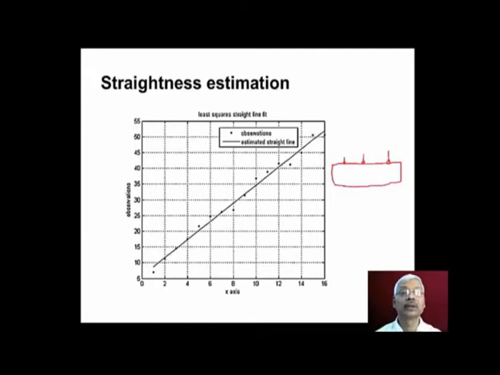You can see here these points are data points obtained by the CMM, and using the software the straightness is estimated. That means best fit line is fitted using the data points.